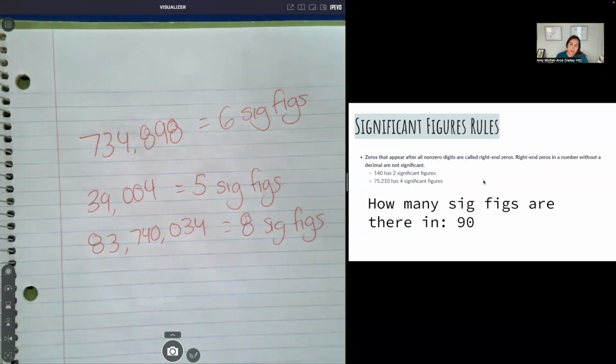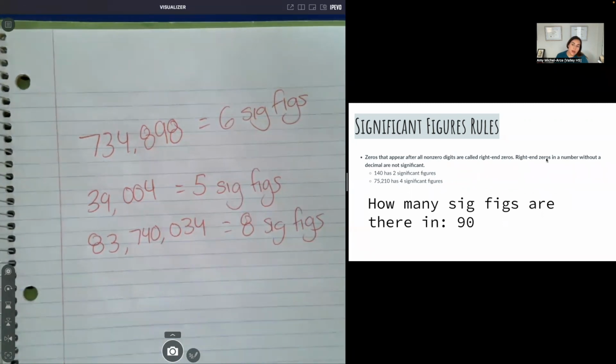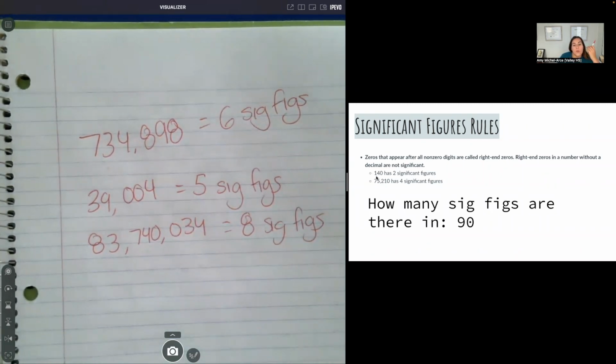And right end zeros, so zeros that appear after non-zero numbers, are right end zeros. Those do not matter, so they're not significant. So 140, the 1 and the 4 are non-zero, so that's 2 significant figures.